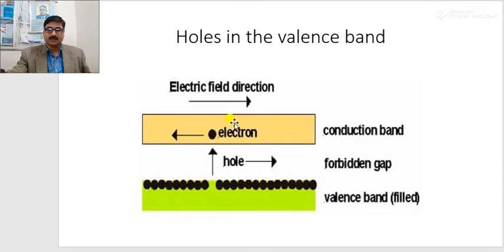Suppose minus 1 is in the conduction band and behaves as an electron, then the remaining part of 0, that is plus 1, is observed as a hole in the valence band.